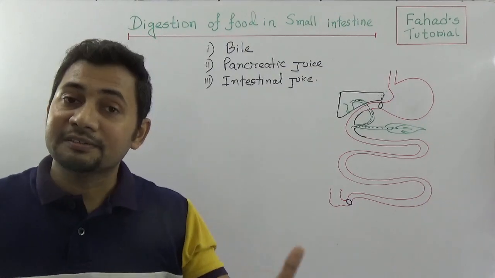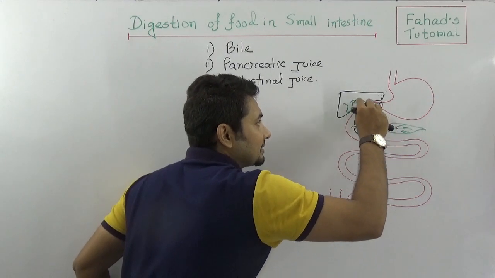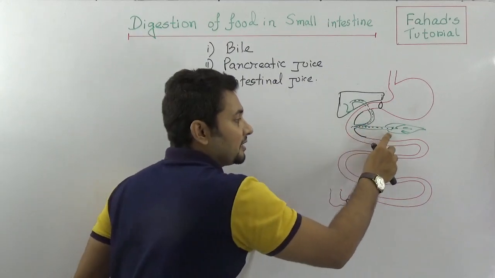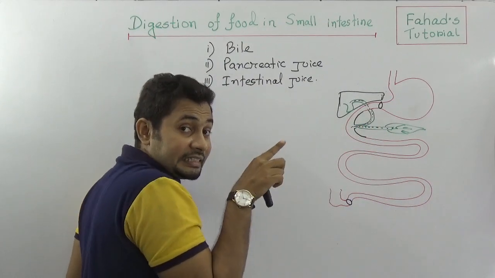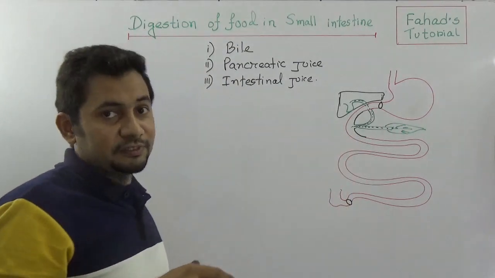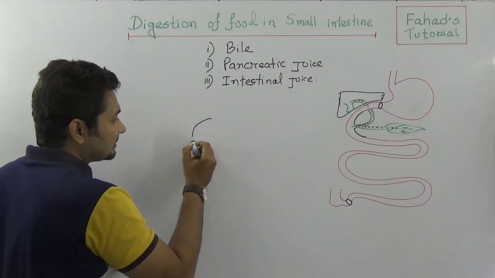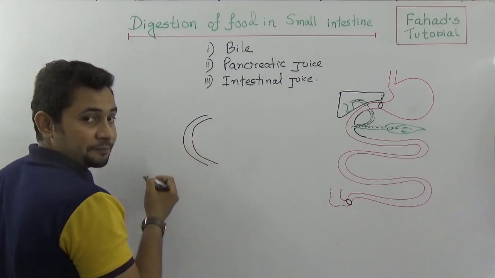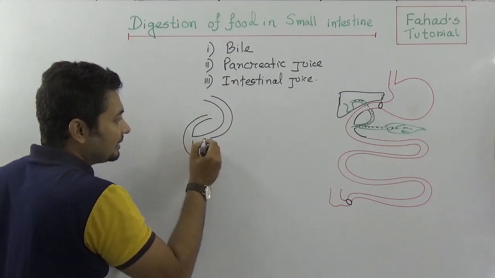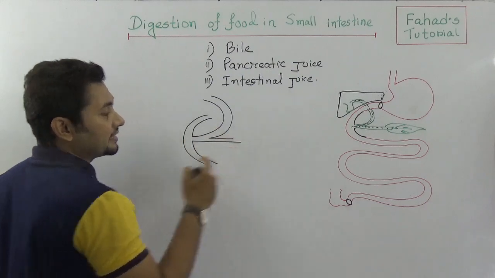Physically, the bile duct is connected with a common opening with the pancreatic duct, at the same opening of the duodenum. So this is the opening of the duodenum, with one connection for bile and another for pancreatic juice.